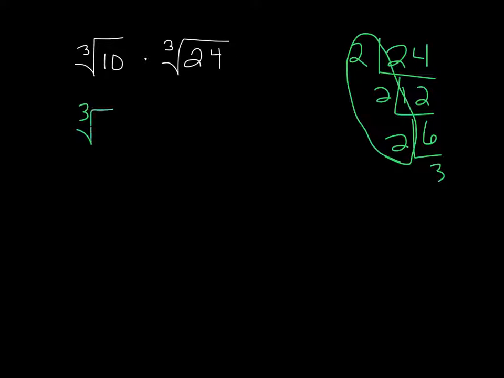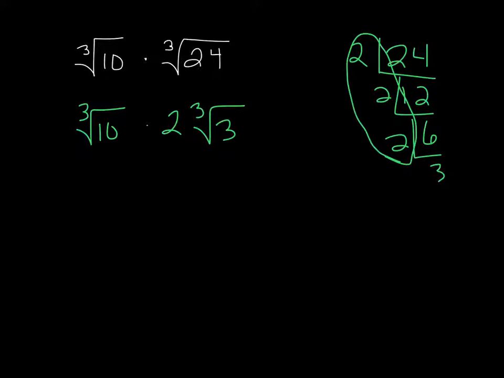So we keep the cubed root of 10 times 2 cubed root of 3. Now you don't have to have like terms to multiply, but the index does have to be the same before you can multiply.